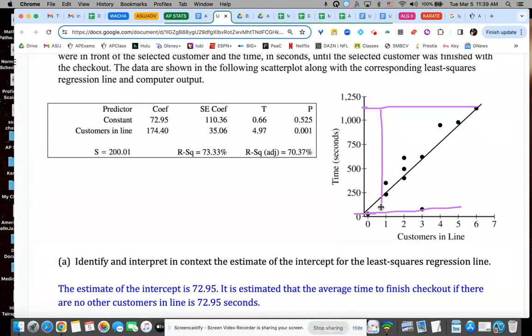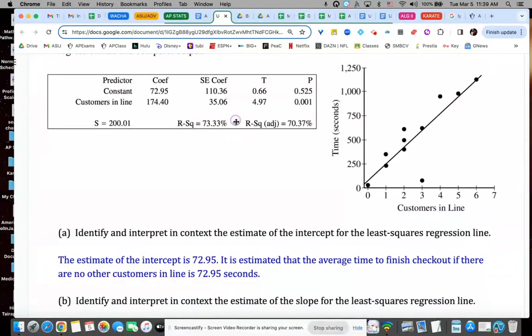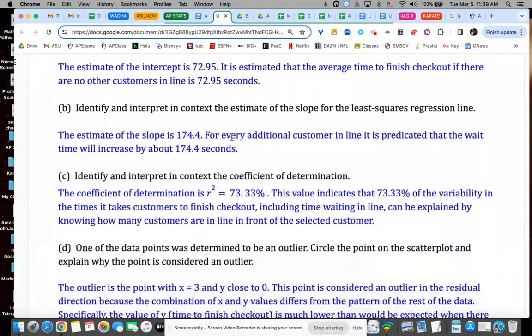So this was our initial variation to begin with. But now, since we made this association, we have a lot less variation going on wherever you look. There's less variation. Well, how much was removed? 73% was removed, and that means about 26, 27% is remaining. So that's what we're going to try and say here.